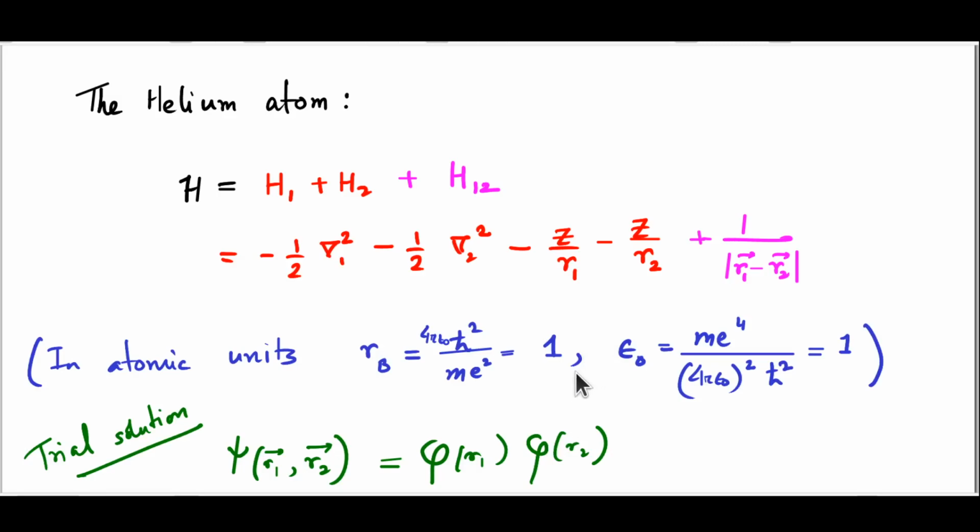Now, what we are going to do in order to use our variational method is start with a family of trial wave functions, and the form of trial wave functions which we will use will capture the physical idea that we gave just now. If the additional interaction term in the Hamiltonian could be ignored completely, then the wave function would really have been phi 0 of R1 times phi 0 of R2, where phi 0 is the wave function you have for the hydrogen atom.